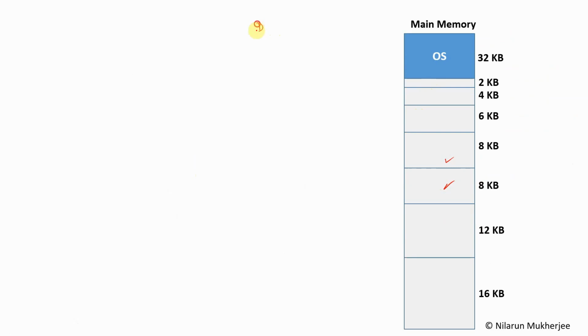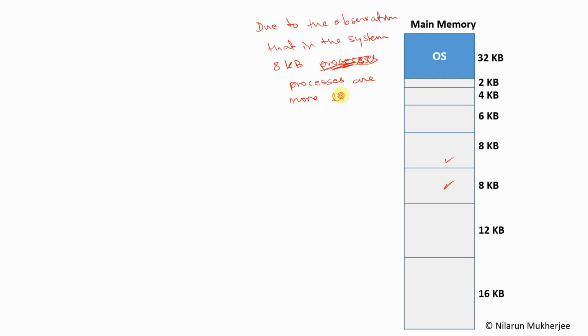This may be due to the observation that in the system 8 kb processes are more likely to occur.